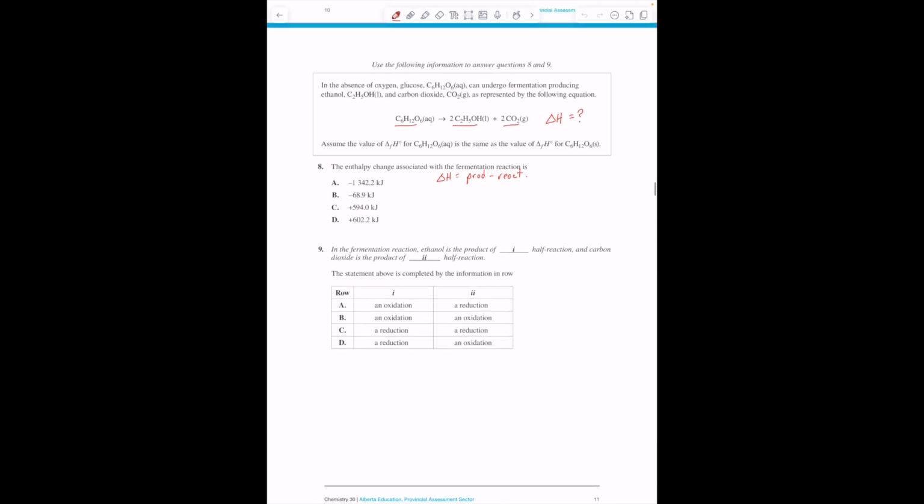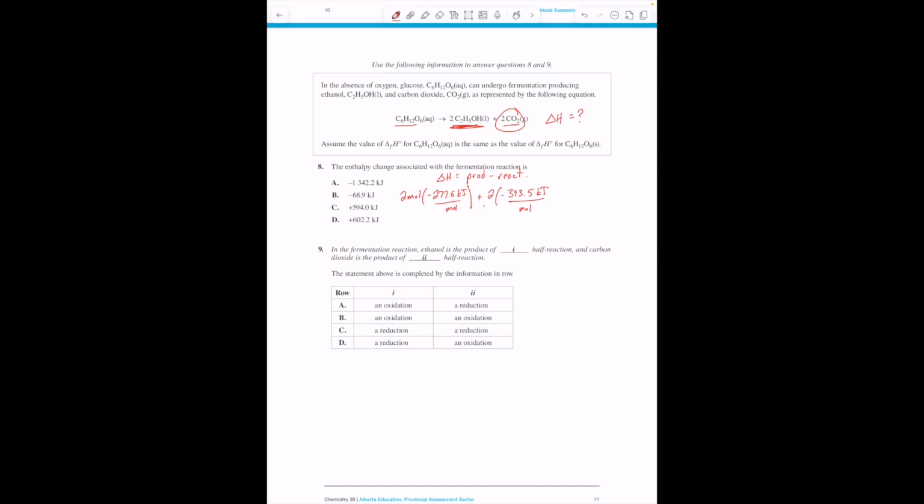I'll start with ethanol. So I have 2 moles of ethanol times ethanol's heat of formation in the data book, which is negative 277.6 kilojoules per mole, plus 2 CO2s, which is negative 393.5 kilojoules per mole.